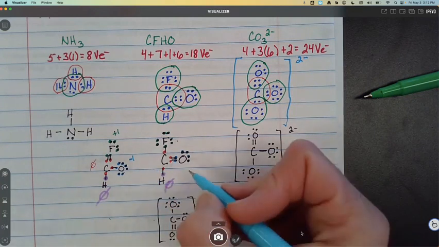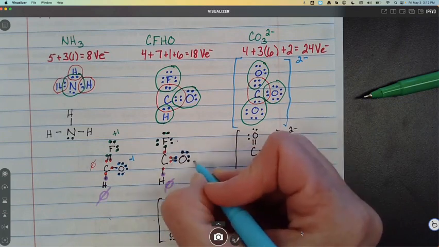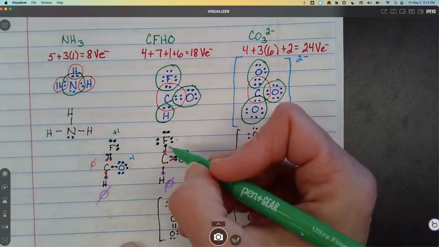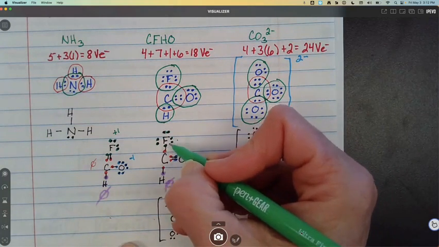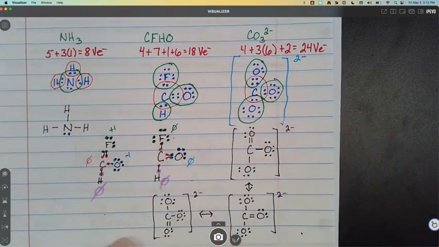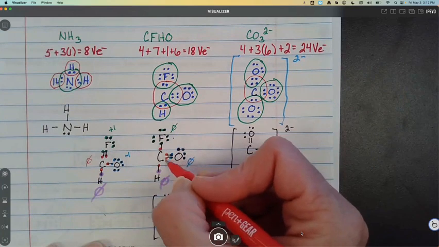Oxygen should have 6 valence electrons. 1, 2, 3, 4, 5, 6, and it does. Fluorine should have 7 valence electrons. 1, 2, 3, 4, 5, 6, 7. It does. Carbon should have 4. 1, 2, 3, 4.